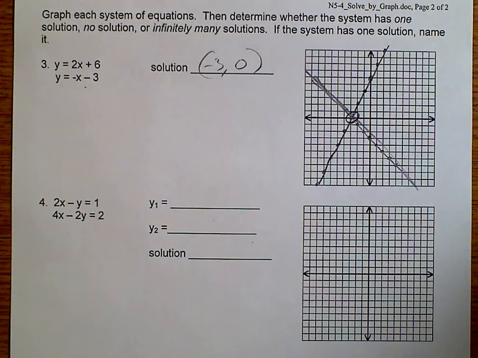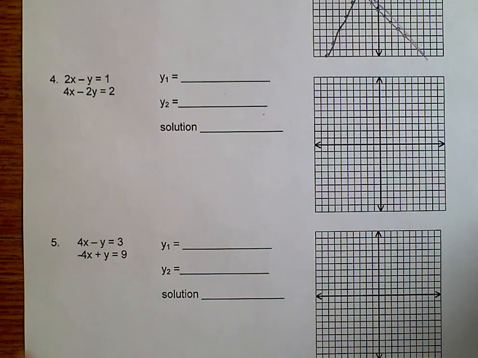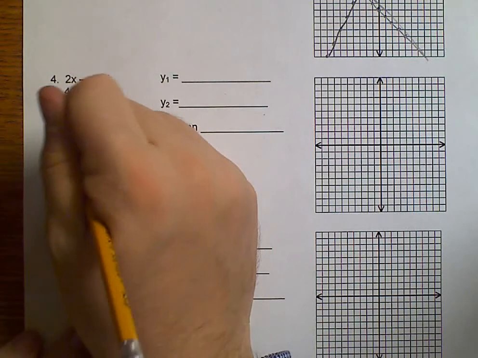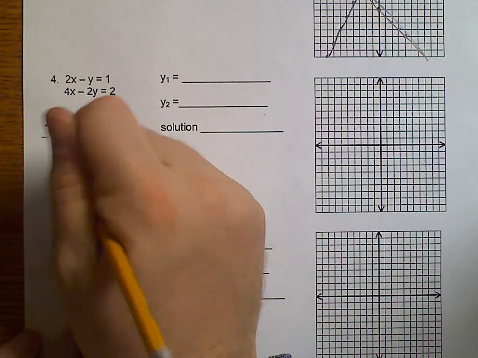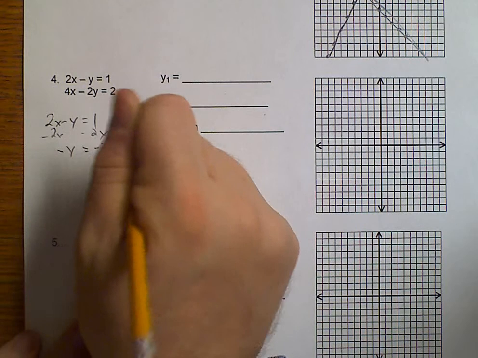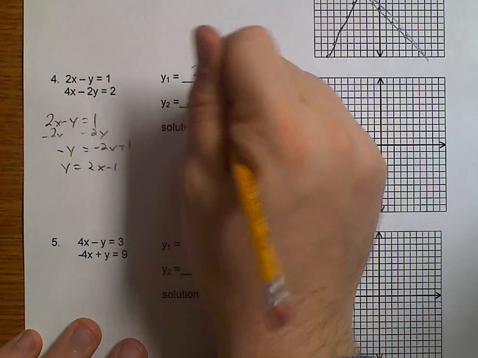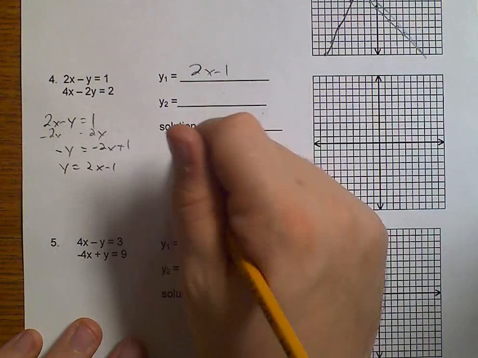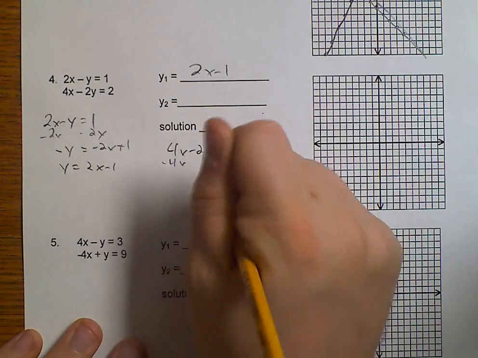Let's go ahead and take a look at number 4. We start off by solving both equations for y. So 2x minus y equals 1. If I subtract 2x from both sides, negative y equals negative 2x plus 1. Flip the signs, y equals 2x minus 1. Do the same thing over here. Subtract 4x from both sides.